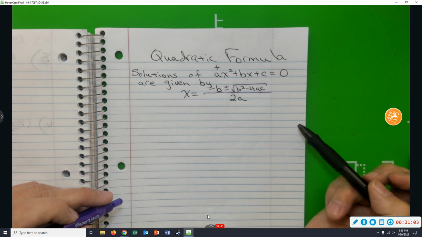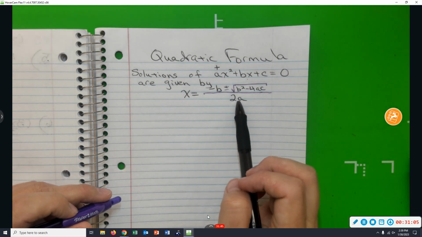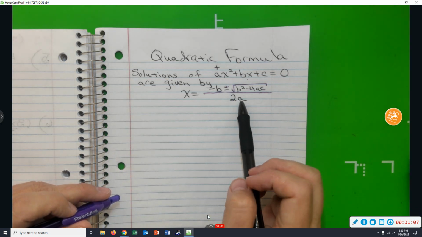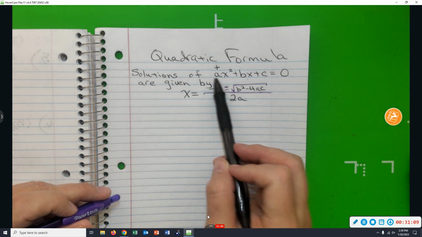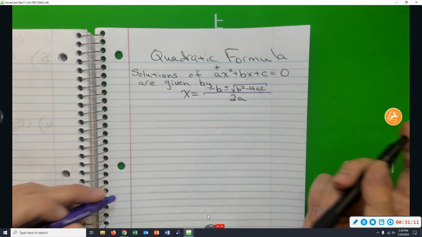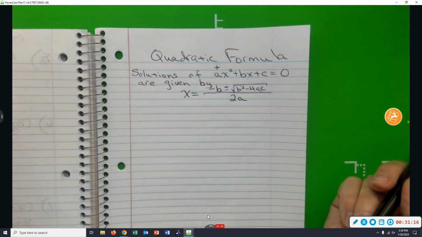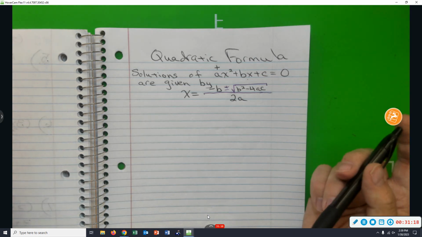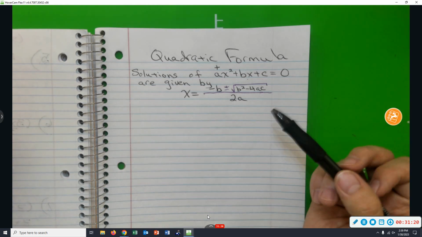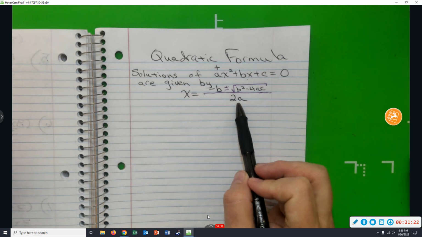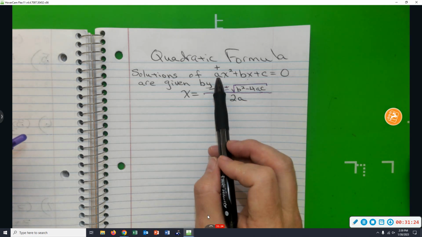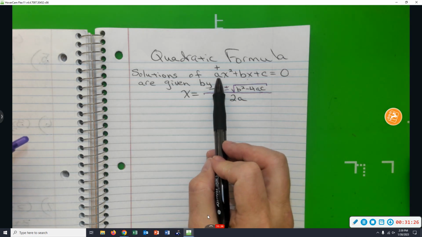I could have the 0 on the left side, but I don't want a negative denominator, because 2 times a, if a were negative, gives a negative denominator. I don't have any trouble working with fractions with negative denominators, but unfortunately students have a tendency to do all sorts of weird things. Avoid denominators that are negative by always making sure that a is positive.